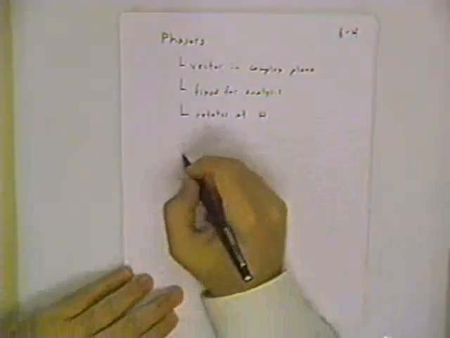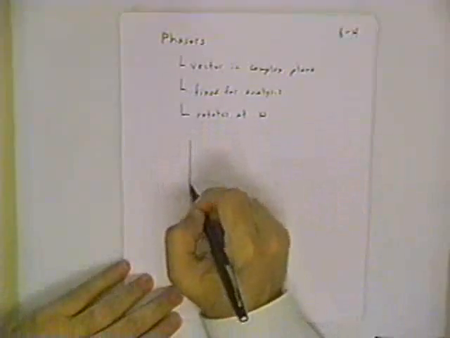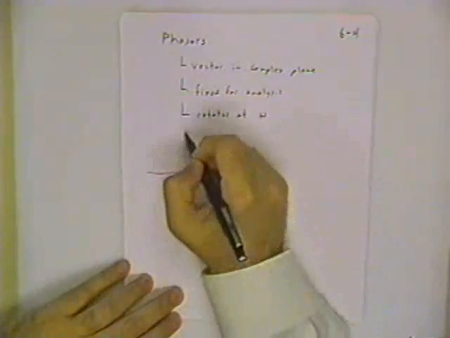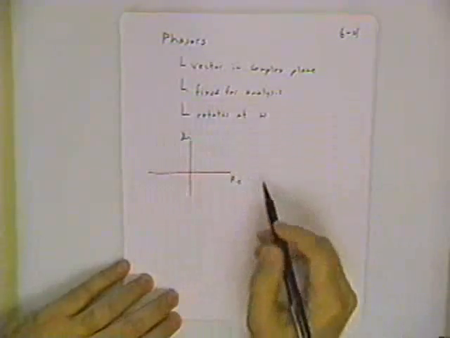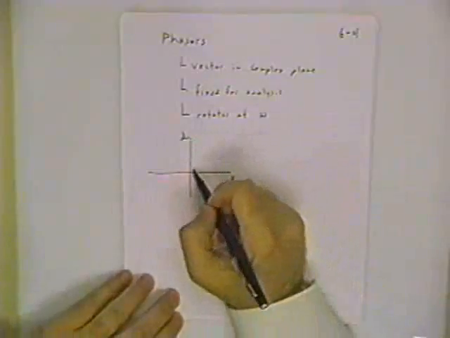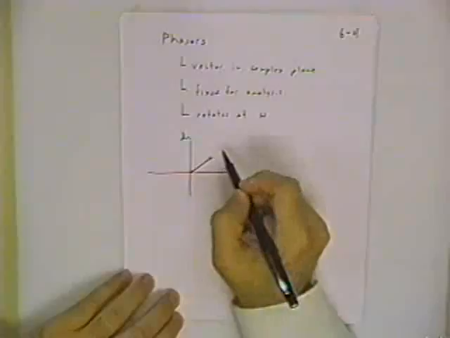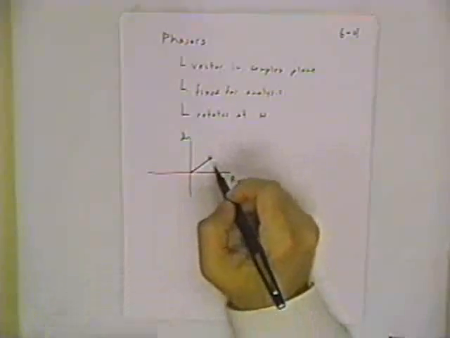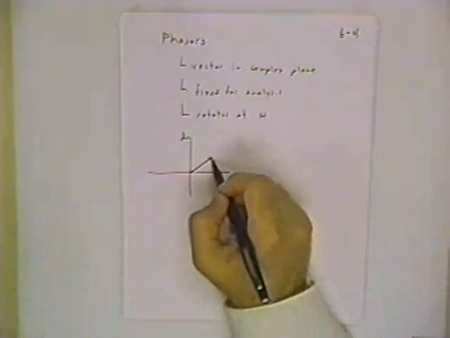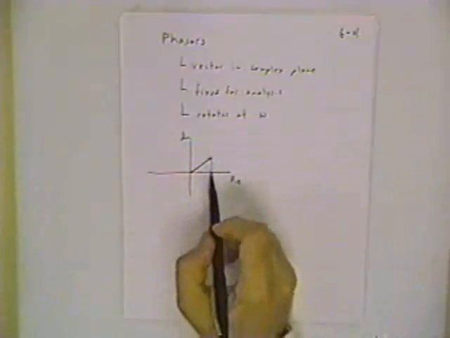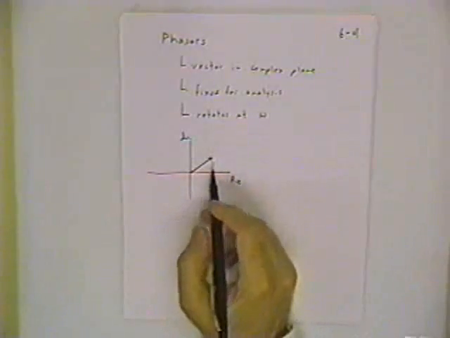Now, what does all that mean? If I have the complex plane, where the real part is the horizontal axis and the imaginary part is the vertical axis, and I just draw a vector in that complex plane, the only thing I'm allowed to do for a real measurement is to look at the projection onto the real axis of that vector.